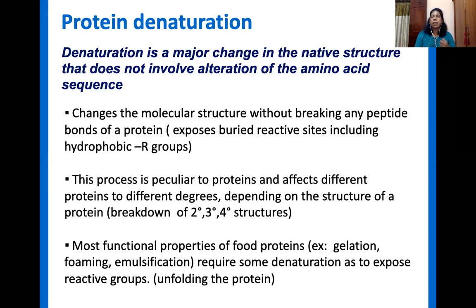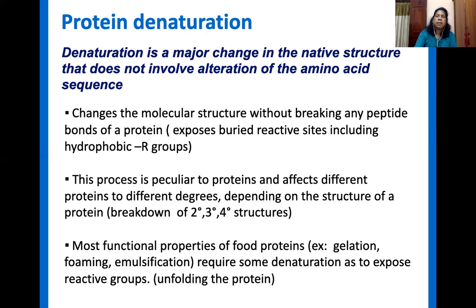Then protein can act as an emulsifier. So you will understand the advantages of protein denaturation. If I ask the question, you have to answer by giving an example and explaining these points. Right? Are you clear then on the importance of protein denaturation?